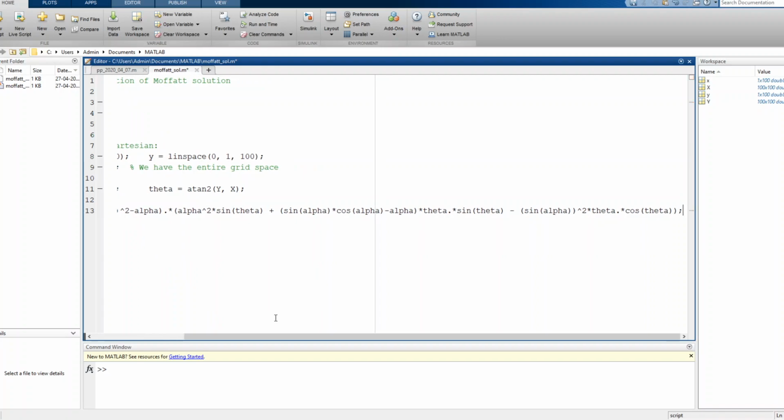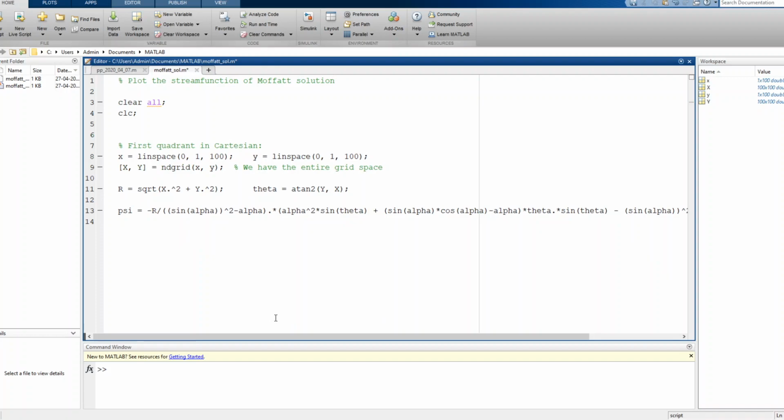And once you start encoding this, you should be very careful with the brackets, because it is very easy to mess up the brackets. But anyway, so now we have defined the solution for psi.